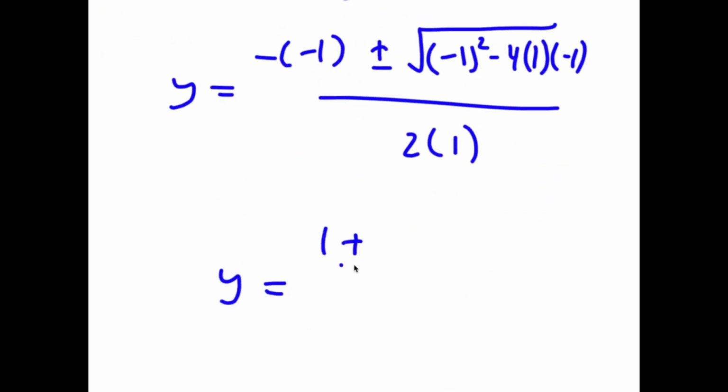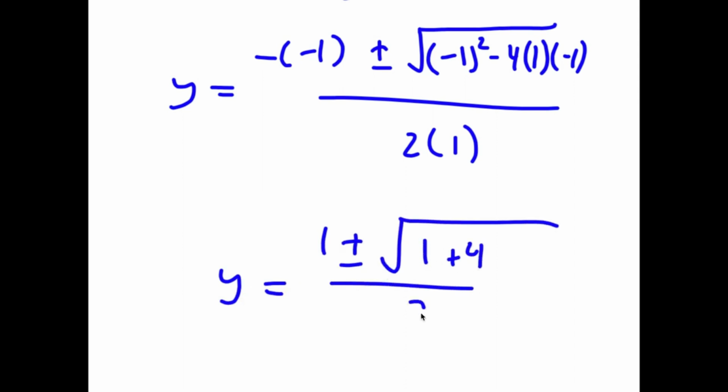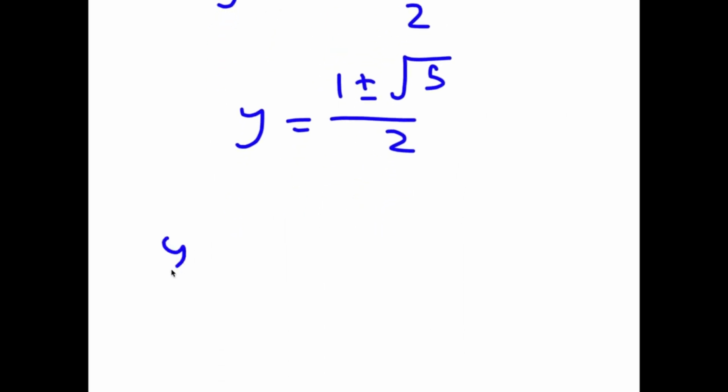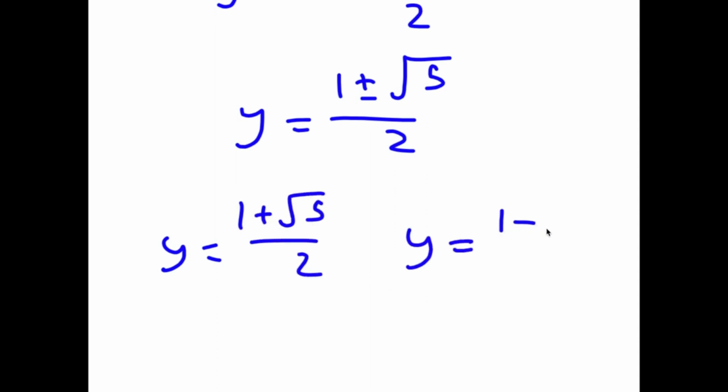This is equal to 1 plus or minus the square root of 1 plus 4 over 2, which is equal to 1 plus or minus the square root of 5 over 2. So y is equal to 1 plus the square root of 5 over 2, and it's also equal to 1 minus the square root of 5 over 2.